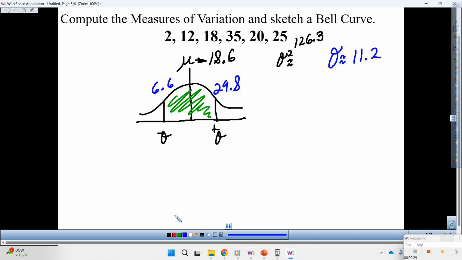Are we done? No, pass on one to Vianney for the last portion. Brandon, he's not here. Kieran, what'd you get for the last portion of the measures of variation?